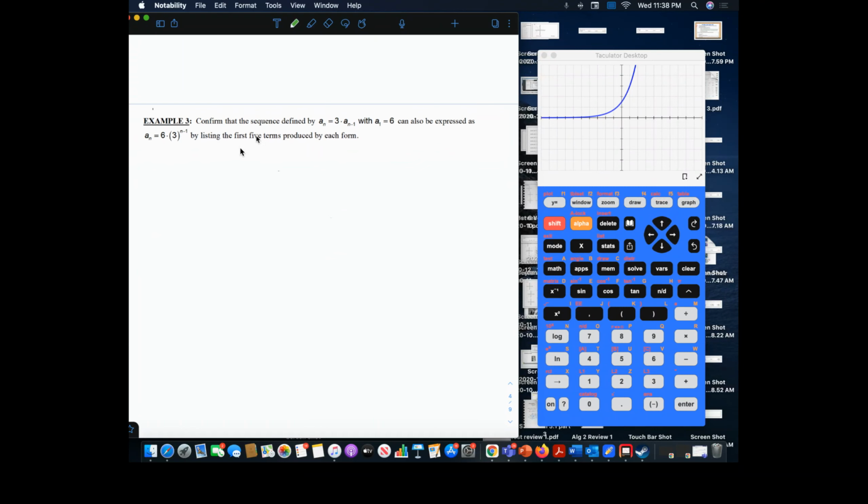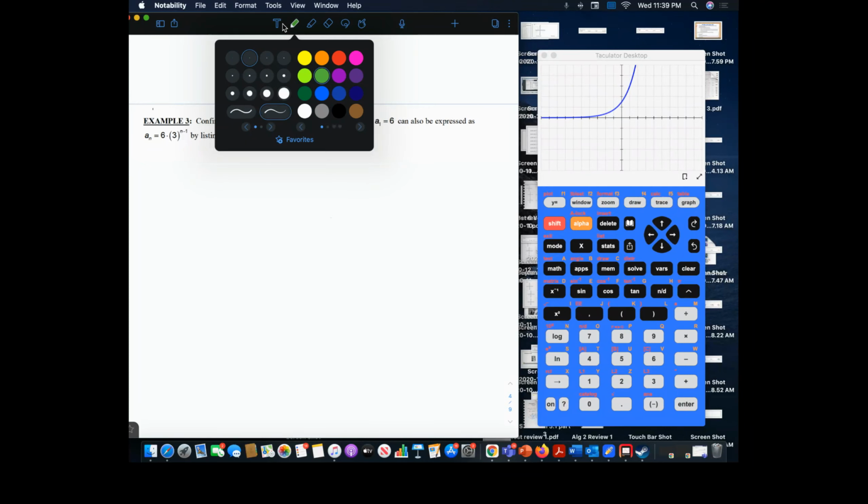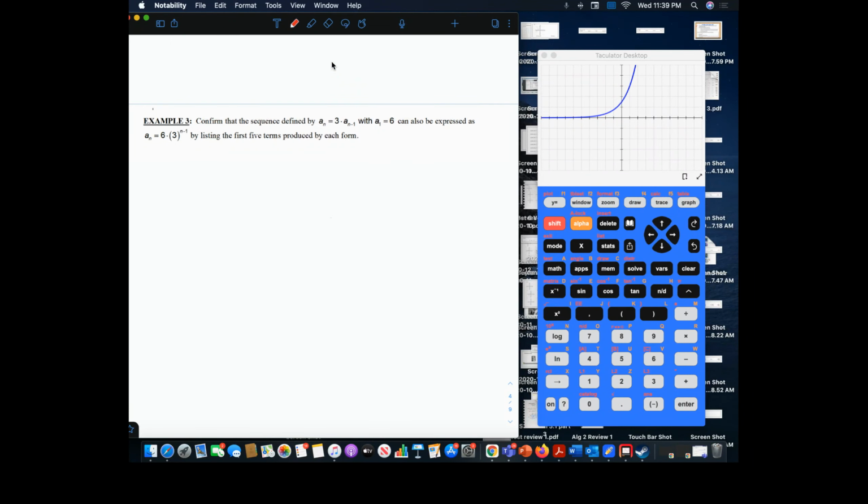Consider the sequence defined by a_n = 3 times a_(n-1) with a1 = 6, which can be expressed by listing the first 5 terms. Okay, so what this is saying, this is very similar to what we just did, but if I say a1, that's 6 times 3 to the 1 minus 1.